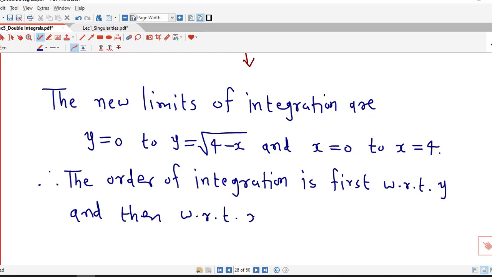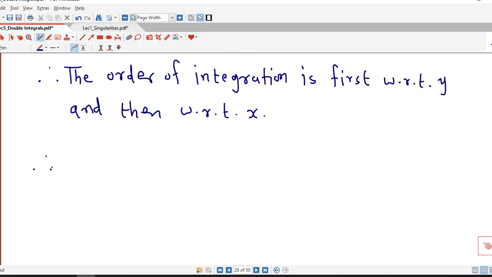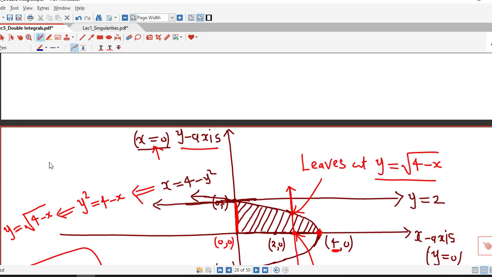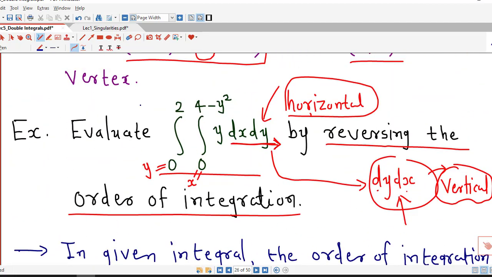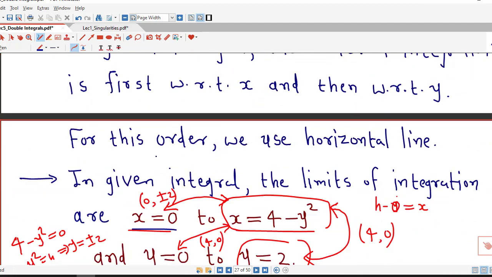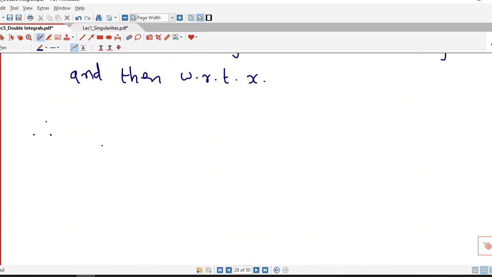So therefore the given double integral is equivalent to, first we write down the given double integral. It is y dx dy. Here x is from 0 to 4 minus y square and y is from 0 to 2.